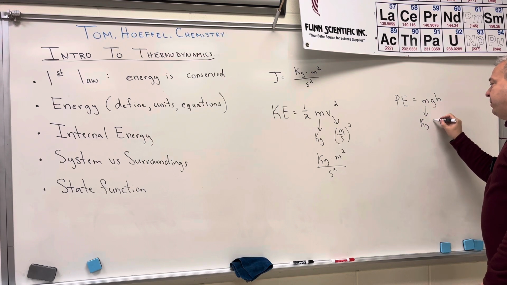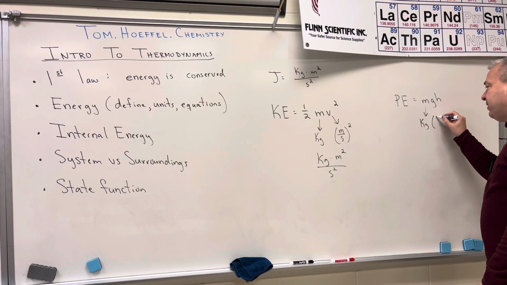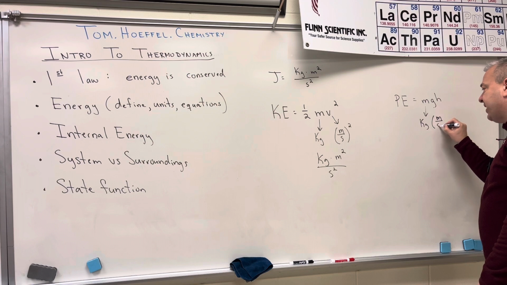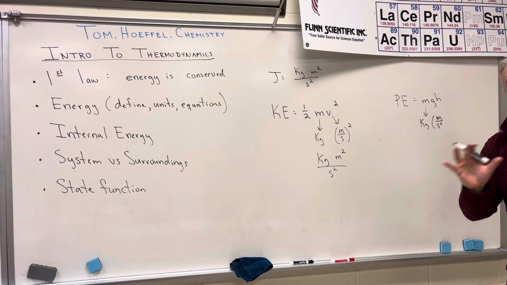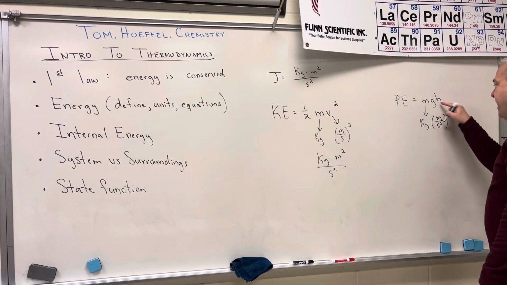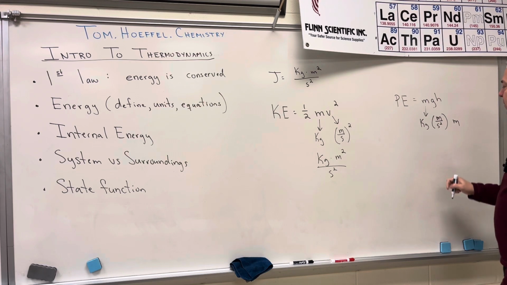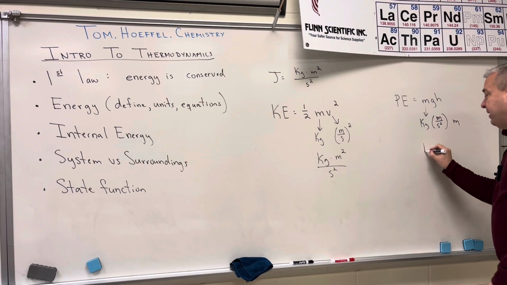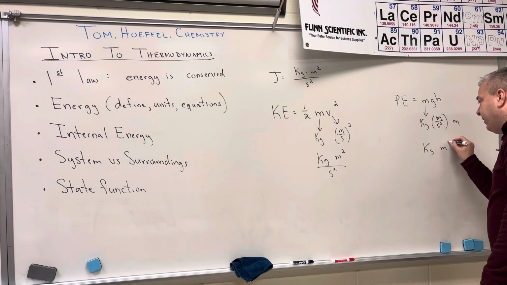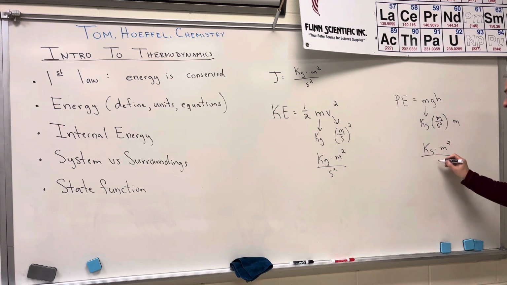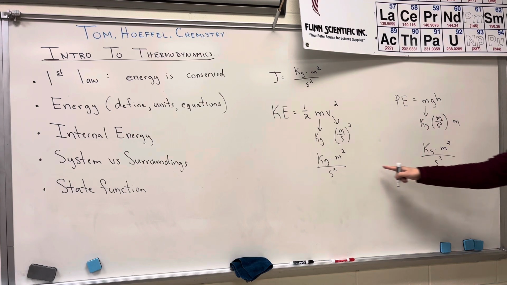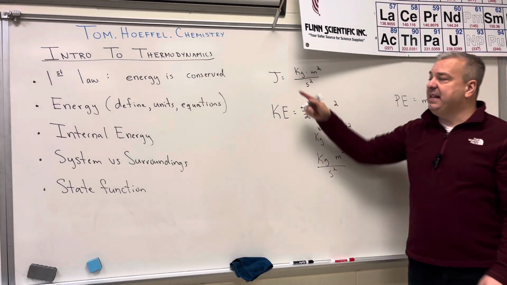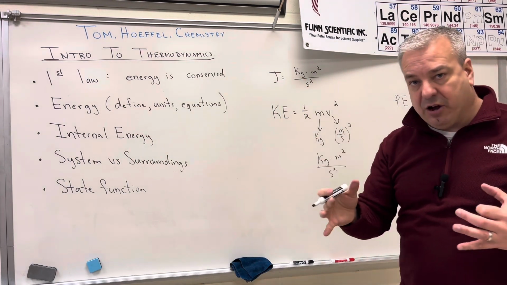The gravitational pull is going to be in the unit of meters per second squared. That's an acceleration unit. And then the height is going to be in meters as well. So you've got meters times meters, which is meters squared, times kilograms in the numerator, and you still have seconds squared in the denominator. So once again, these are the units that make up the joule.